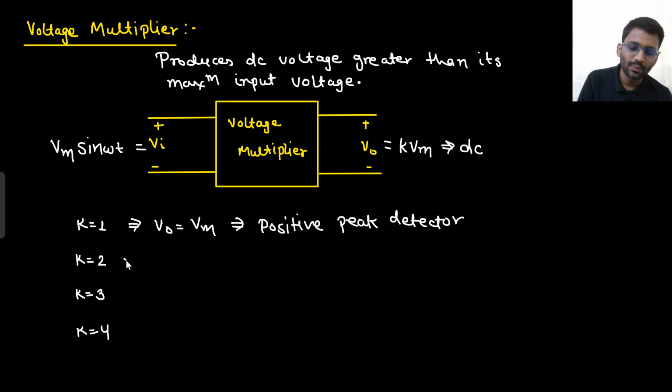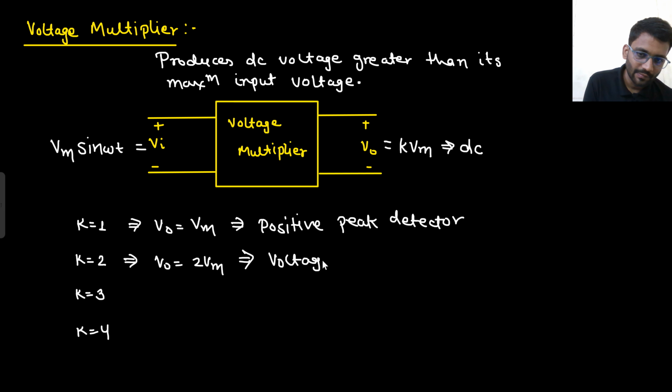Now if K is 2, then what will be your output? 2 Vm, right? For Vm sin omega t input, if K is 2, that means your output will be 2 Vm. That is called a voltage doubler. If it is 3, it will be called a voltage tripler.